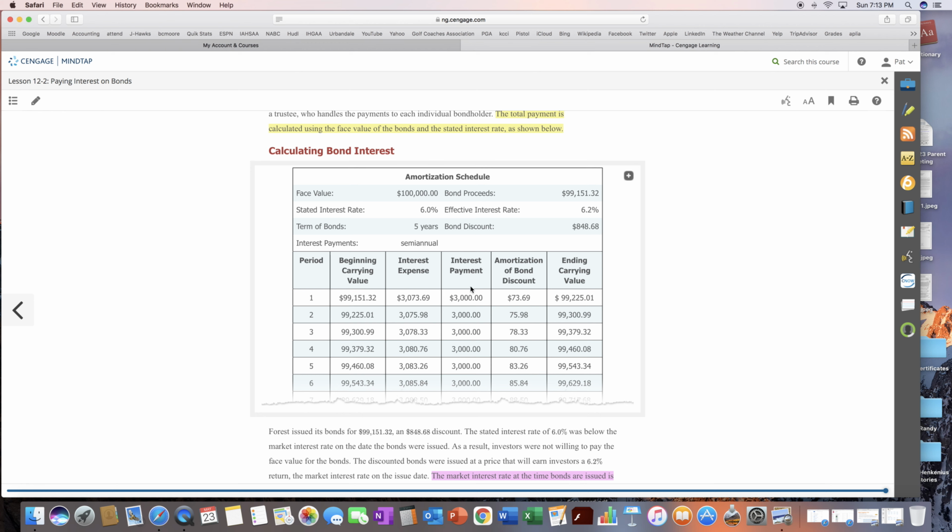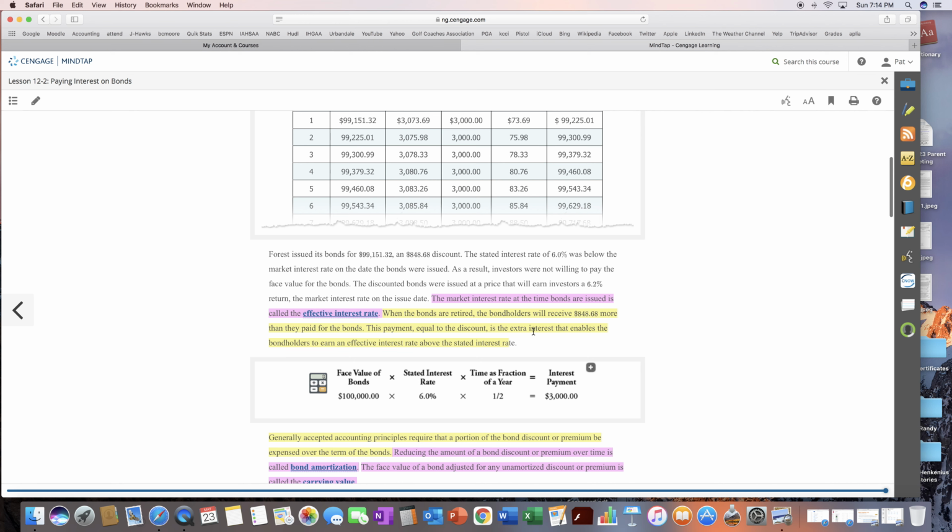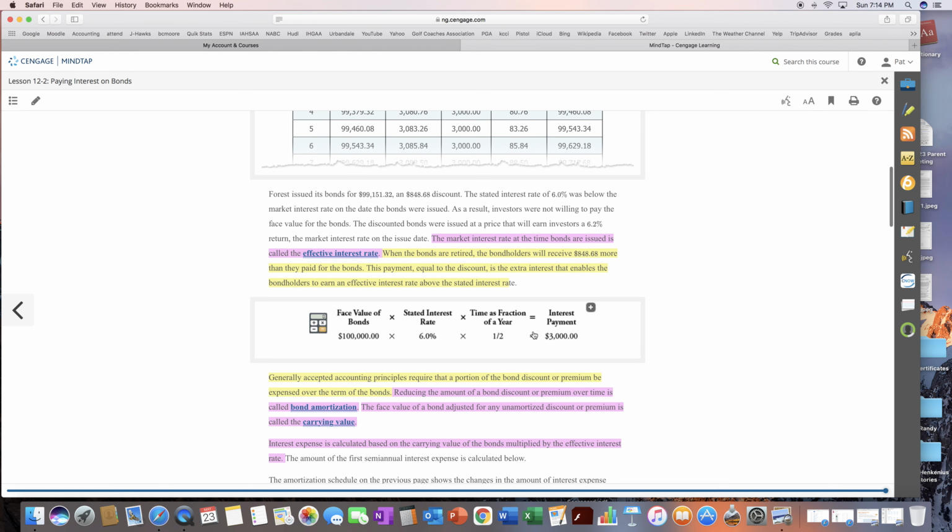When we calculate the interest payment here, this $3,000, that is off the stated interest rate, and then the interest expense is figured out off of this effective interest rate. And we use the carrying value. We'll just walk through all this, and it will help us figure out how to go about doing things.